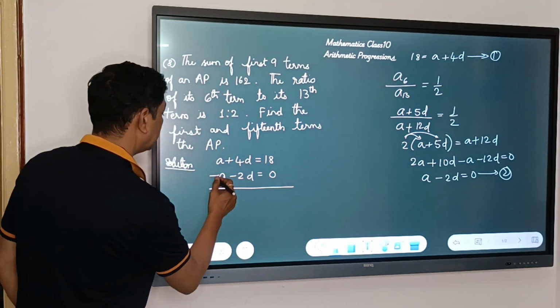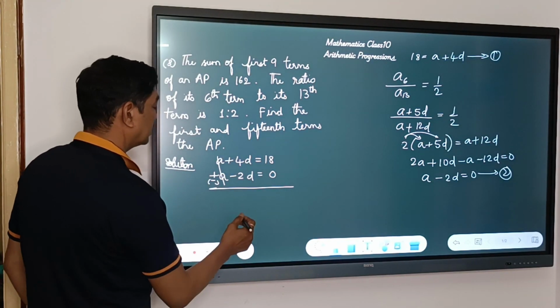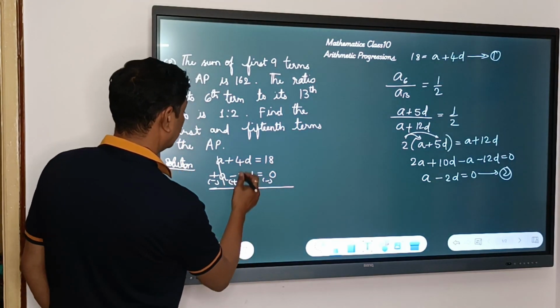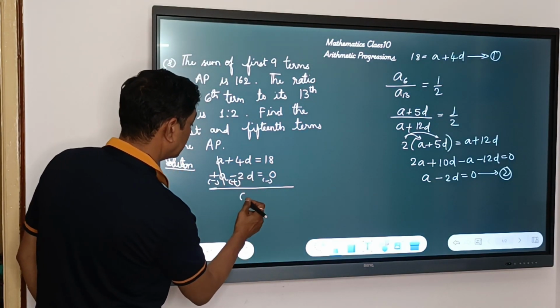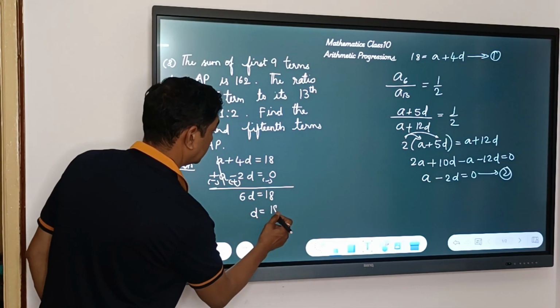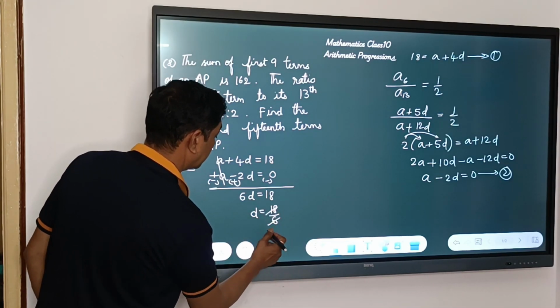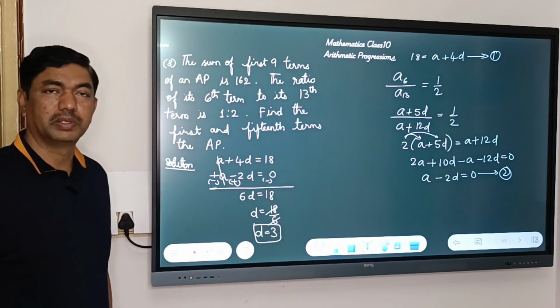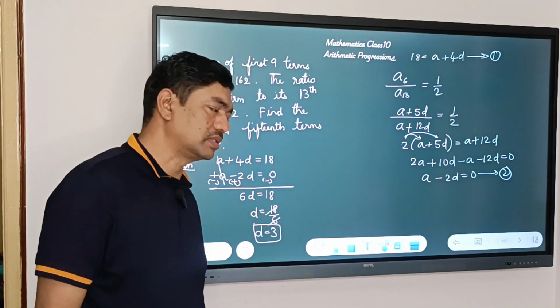When you subtract, the a gets cancelled. 4 plus 2 is how much? 6d is equal to 18, or d is equal to 18 by 6. So d is equal to 3. The common difference is equal to 3.